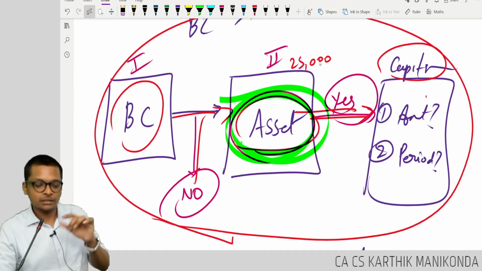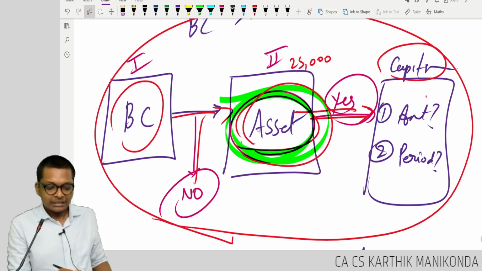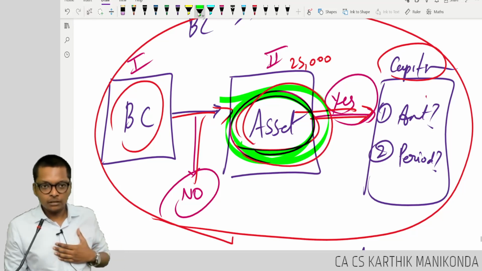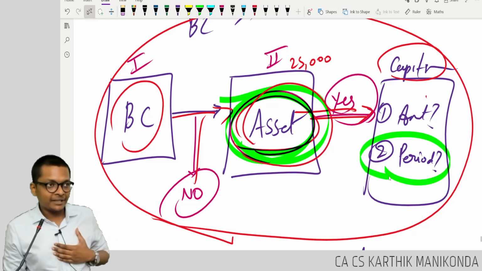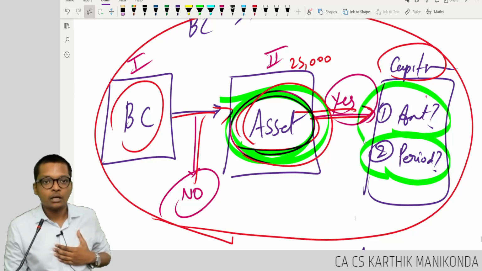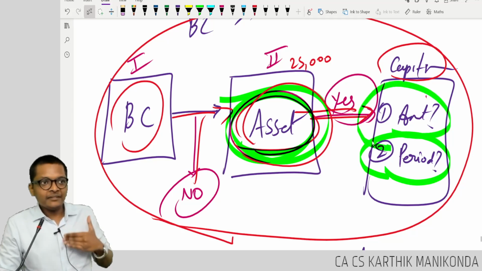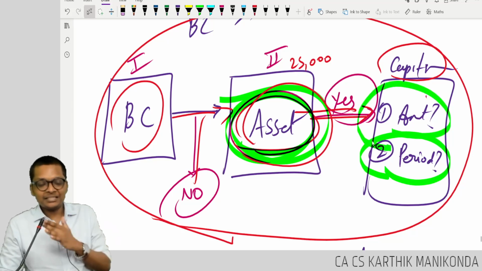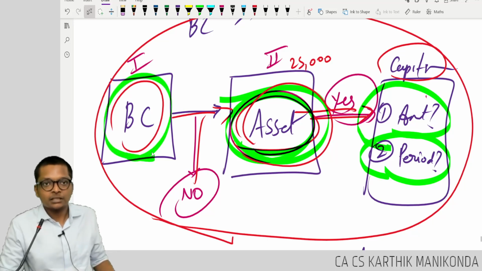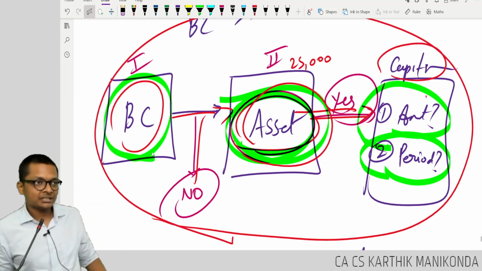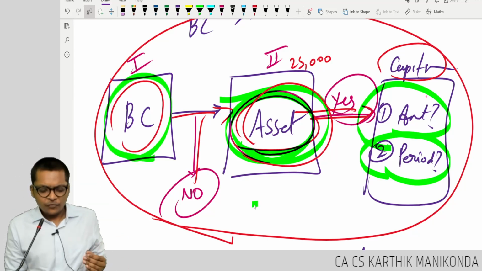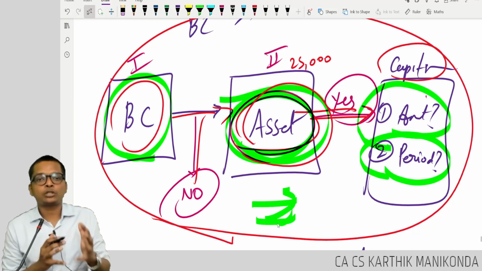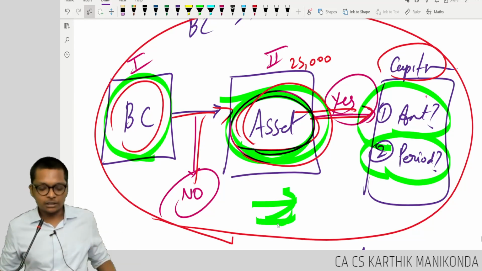Can I capitalize? That we are going to discuss first. Next, we will understand what period I will capitalize and then how to compute the amount. Then we will do a few sums. Lastly, we will come to understanding what is borrowing cost, and then a few other small miscellaneous concepts. Standard comes to an end.